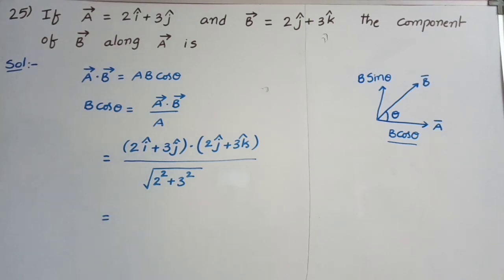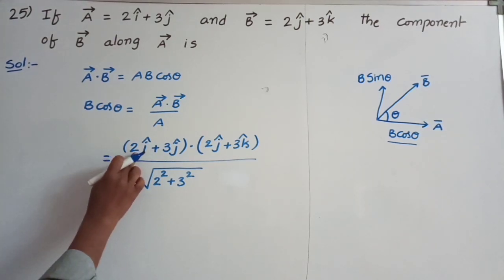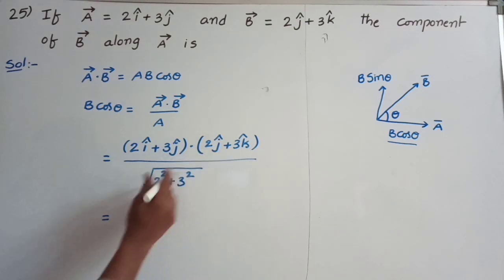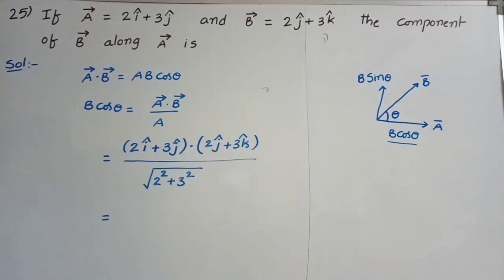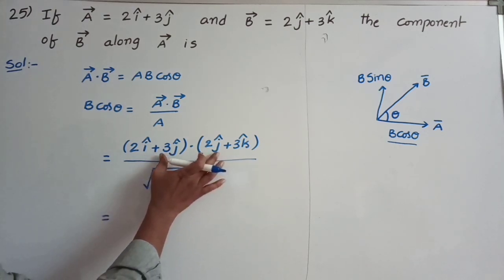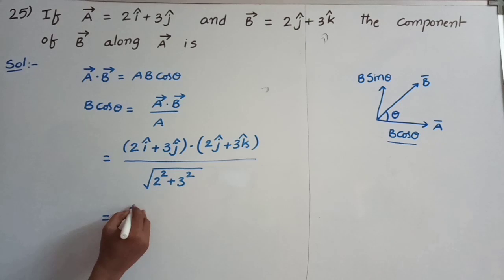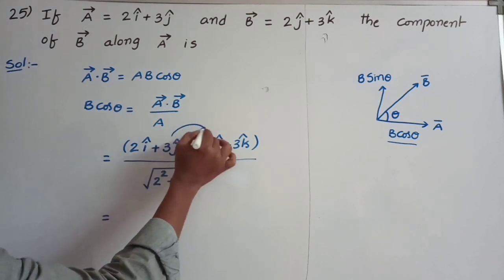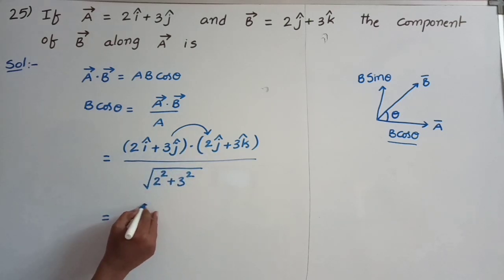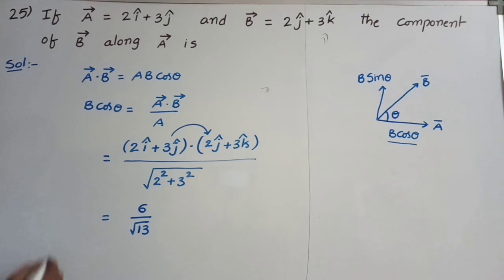If you observe here, 2 i cap is there, but here there is no i component. So no need to multiply; if you multiply, you will get 0. Here 3j cap is there, here 2j cap is there. Multiply just the j component. These two only we have to multiply because j dot j is equal to 1. 2 3s are 6, divided by root over 13 only we can get.